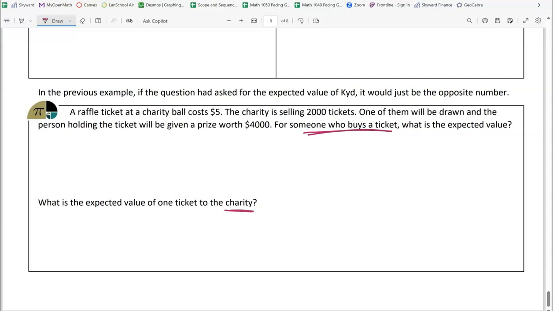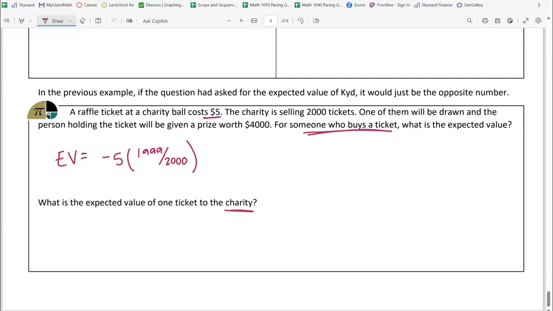So for the person who's buying the ticket, they have two outcomes, right? They win or they don't win. So if they do not win, they are going to lose $5. That's the cost of the ticket. And not winning has a chance of 1,999 out of 2,000.